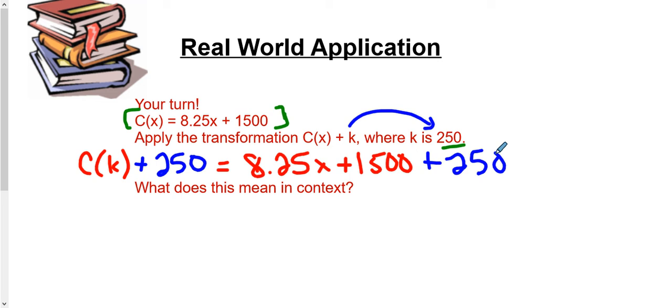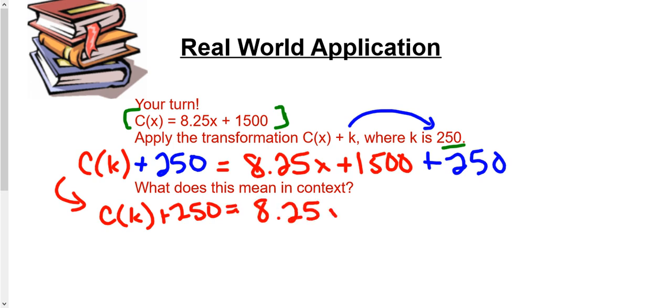So we can simplify this a little bit. I'm going to go ahead and write it down here, even though we're not at the context bit yet. So we have C of X plus 250, and that's going to give us $8.25 times X, plus we can actually combine these two numbers. 1,500 plus 250 is 1,750.